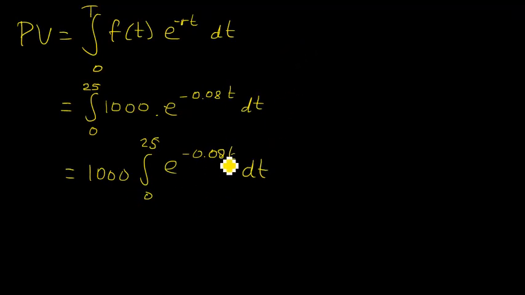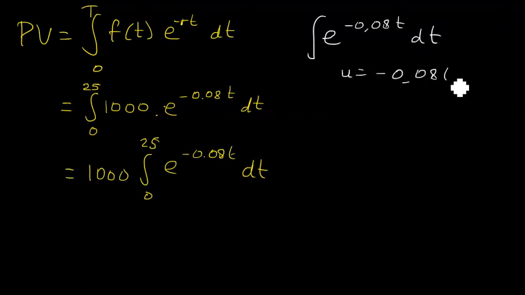Now, how to solve this? In this case, we can simply use substitution. We use substitution for the power, u equals minus 0.08 t.